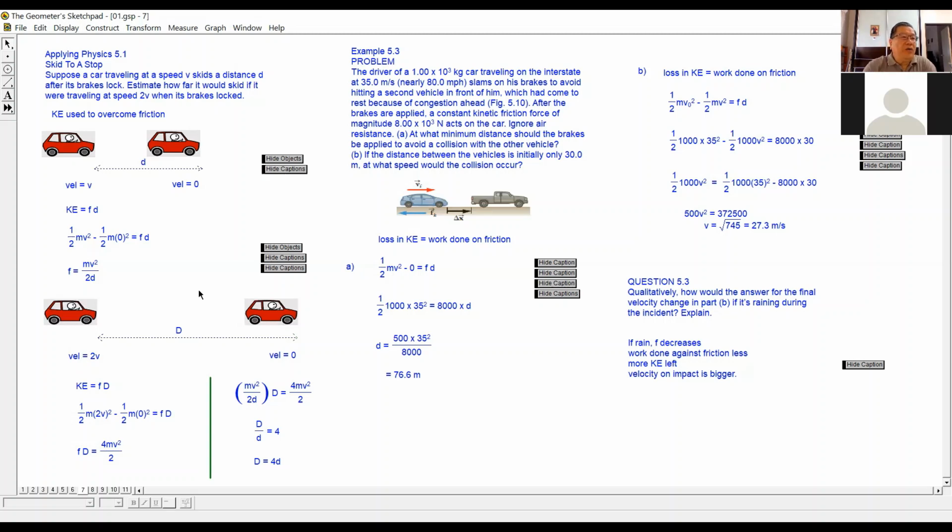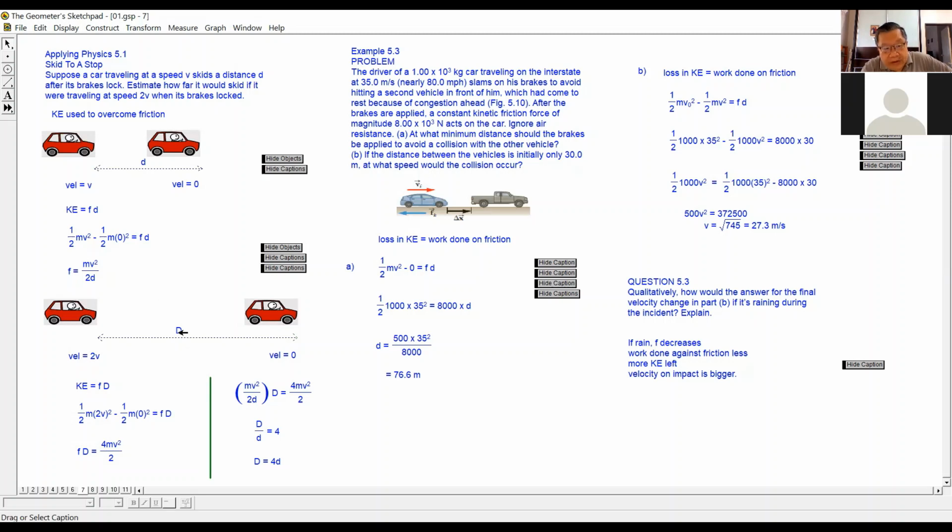Now how to relate these two cases and find the relationship between the distance in the second case and the distance in the first case? In the first case, we have velocity v and the distance covered is d. In the second case, the velocity is 2v, and I don't know how much the distance covered is in relation to d.